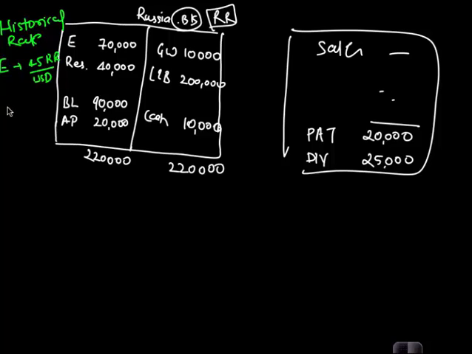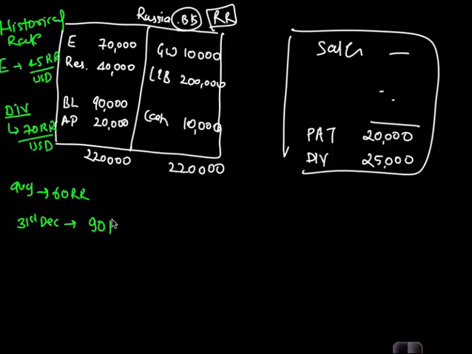The rate for dividend was 70 Russian rubles for a USD. Average rate was 60 Russian rubles, and the rate on 31st of December is 90 Russian rubles for a USD.